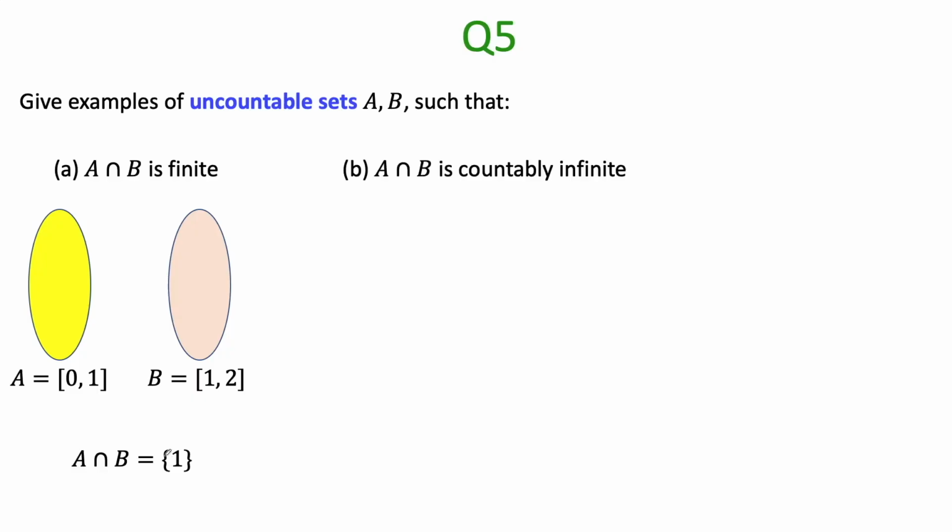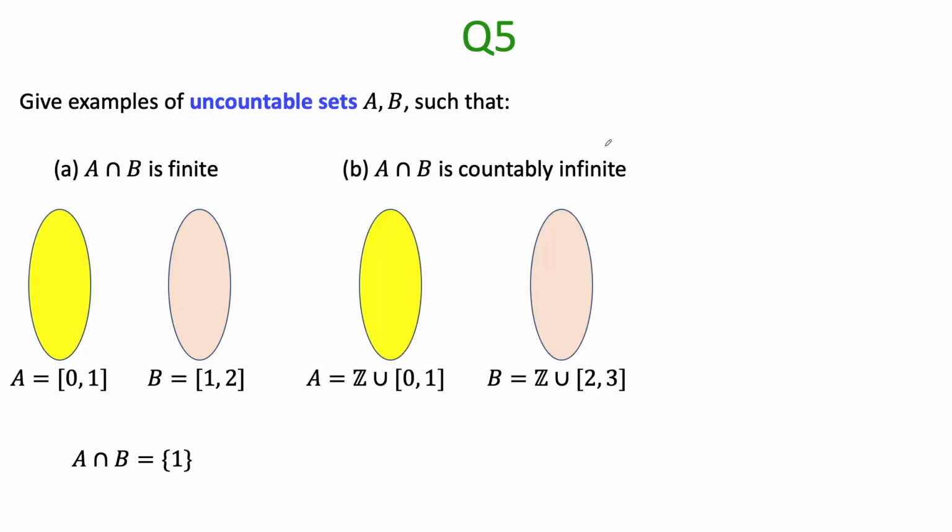We now want to find examples of two uncountable sets such that their intersection is countably infinite. So let's take the set A, which is the union of the set of integers along with the set of all real numbers between 0 and 1.